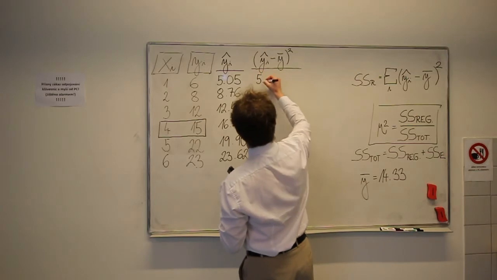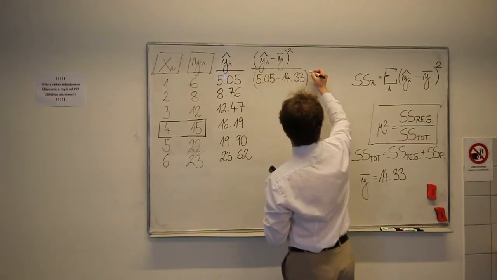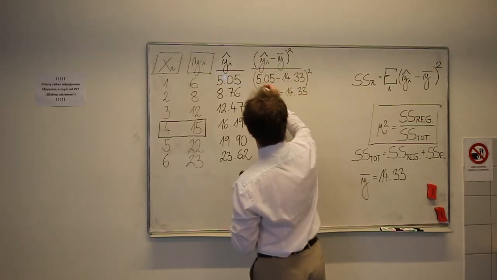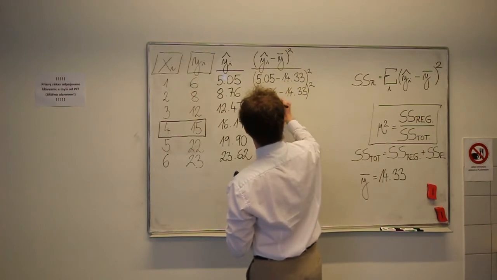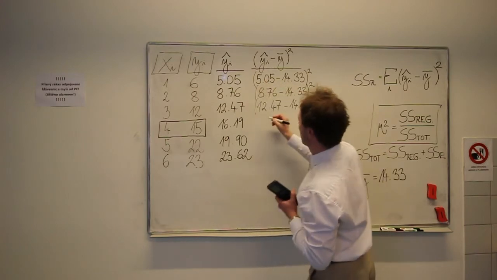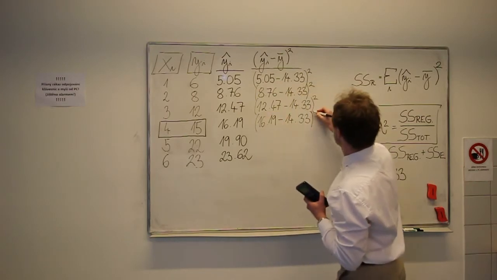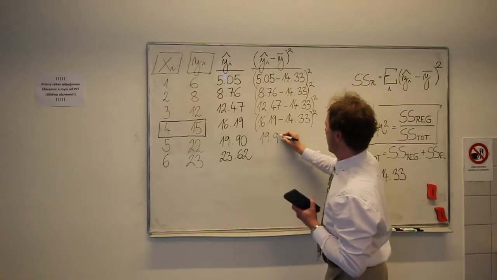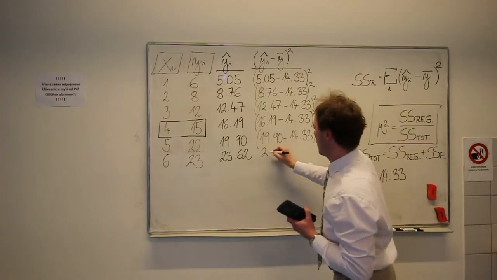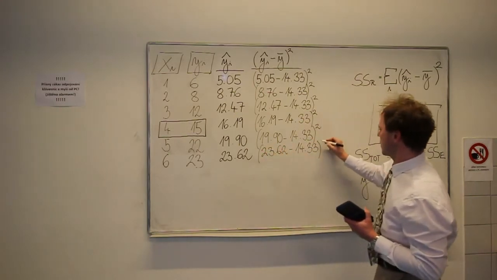Okay, so 5.05 minus 14.33 squared, 8.76 minus 14.33 squared, 12.47 minus 14.33 squared, 16.19 minus 14.33 squared, 19.90 minus 14.33 squared, and 23.62 minus 14.33 squared.